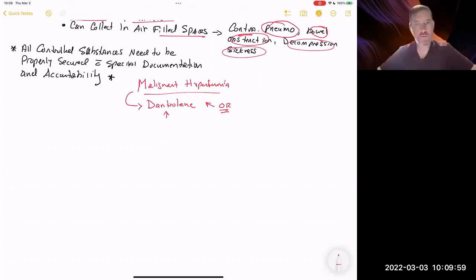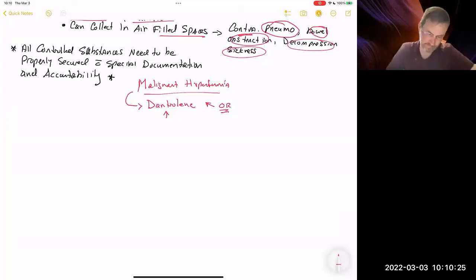So you know that there will be dantrolene there. So wherever you're at, you need to divert and rapidly get that patient to the closest hospital that has a functioning operating room so they can get dantrolene. Otherwise, their risk of substantial morbidity and mortality is very high. Malignant hyperthermia is a life-threatening emergency.